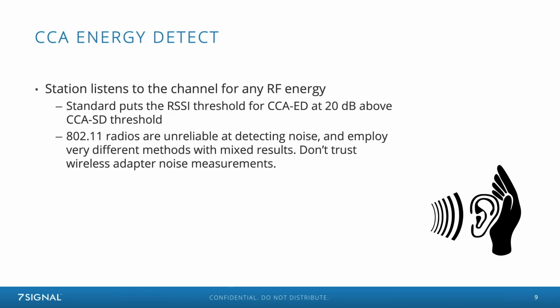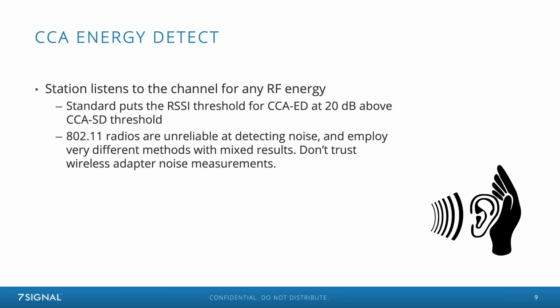The next part of the clear channel assessment is called energy detect. And this is where the station is listening for any RF energy on the channel. And this is a far less sensitive threshold. 20 dB above the signal detect threshold is where it needs to be.